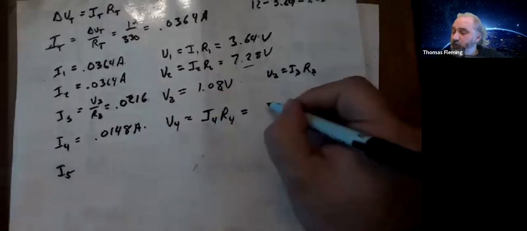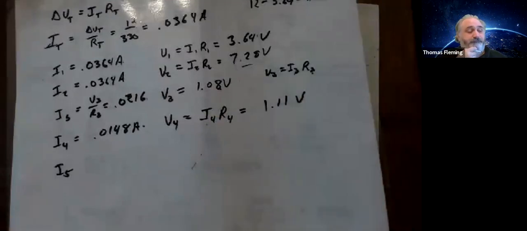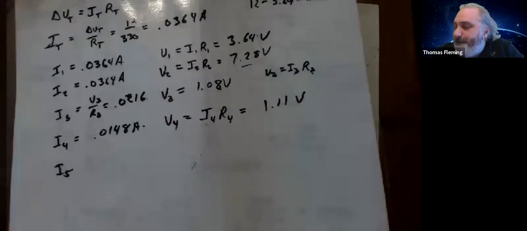I get 1.11 volts. The fact that I'm not getting 1.08 suggests that perhaps that's a round-off error. You're supposed to get the same number? They should be. You'll see why here in a minute.